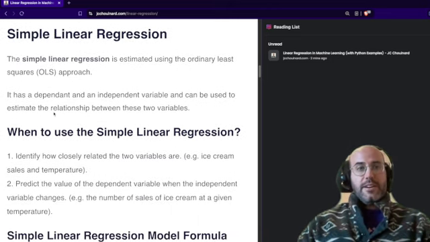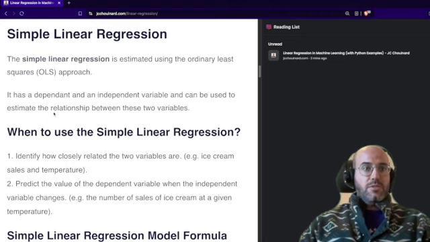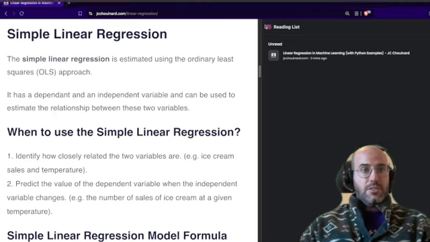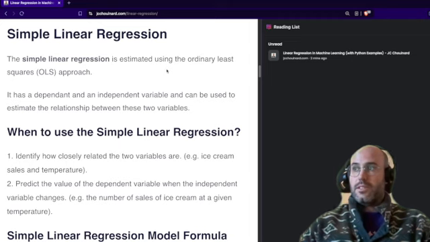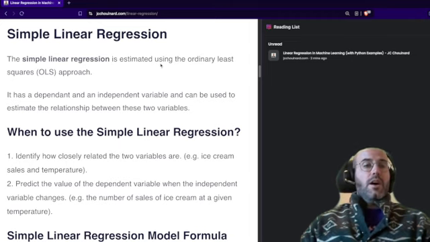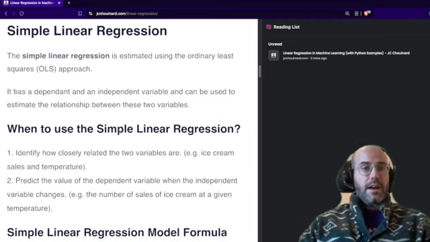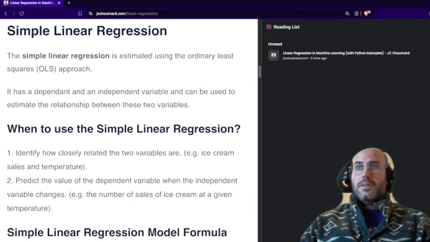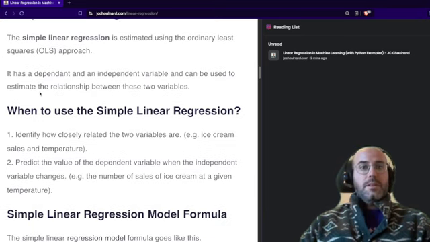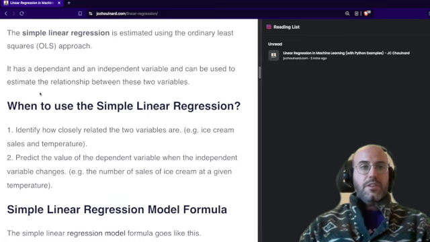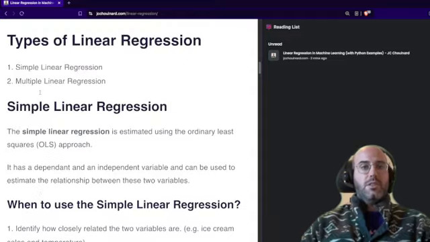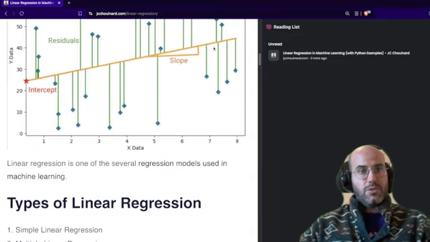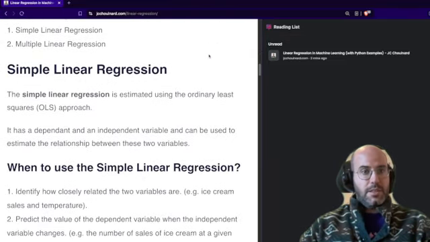So the simple linear regression uses the ordinary least square approach that we talked about in another video, and it has that dependent and independent variable that we talked about. One thing to consider here is when you try to fit a line, you're trying to predict where the data point comes in.